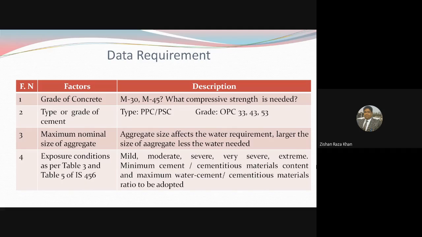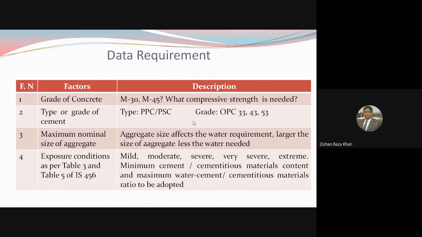Number two, type or grade of cement. We need to find out what type of cement we are going to use in concrete. There are two types: PPC and PSC. PPC is Portland Pozzolana cement, and PSC is Portland slag cement.